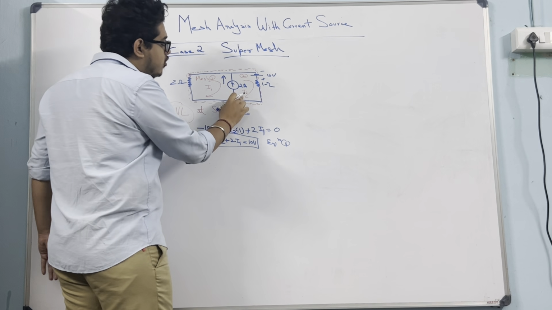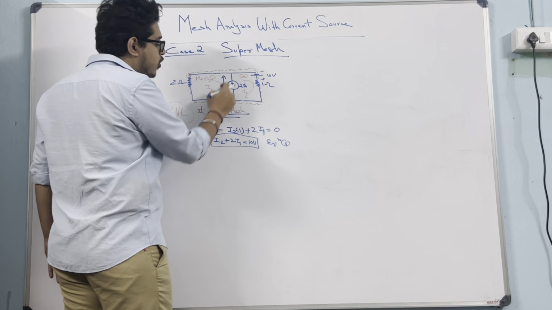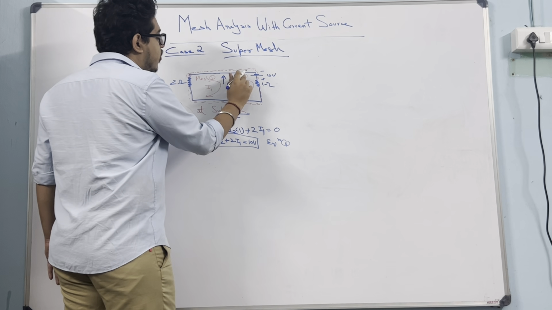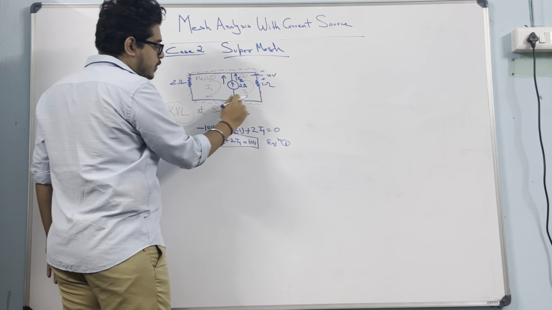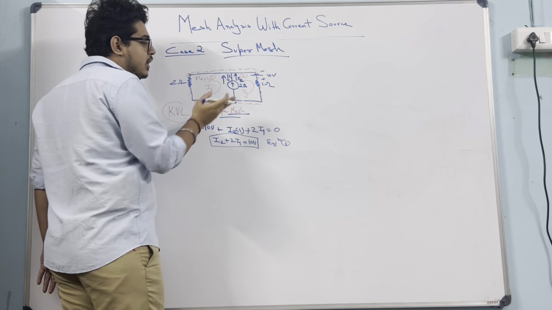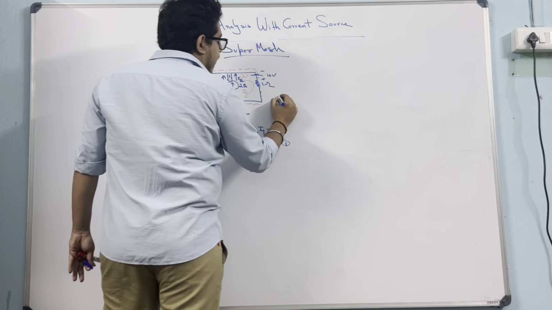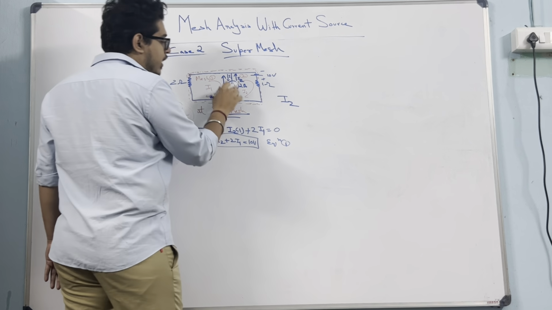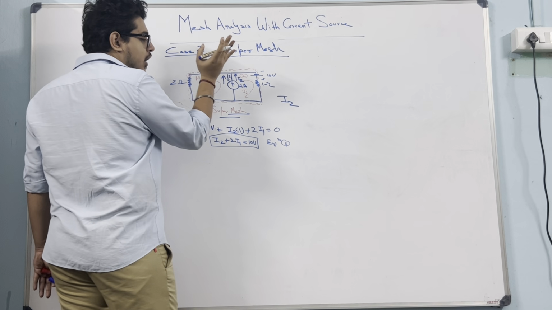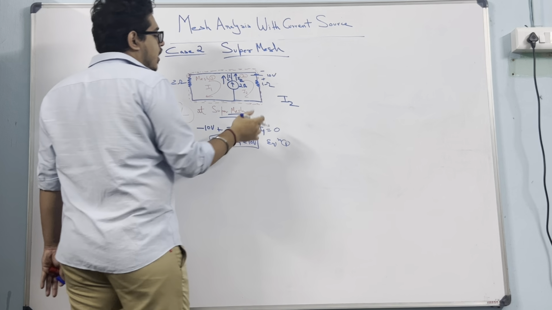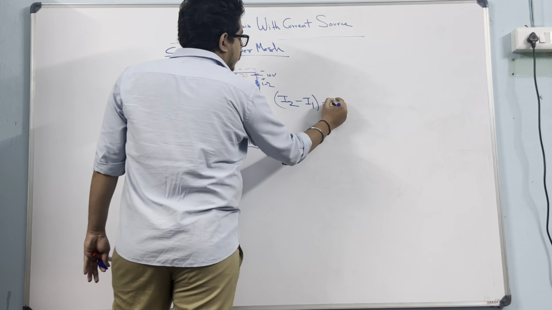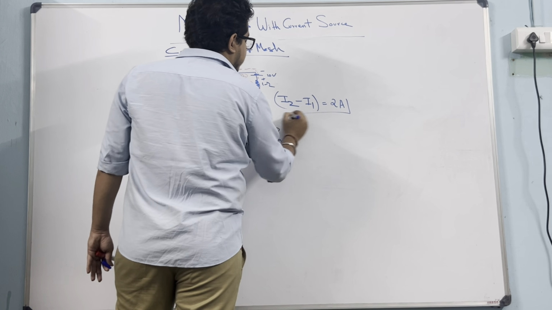I assumed I2 to be going up and I1 to be going down, as per my assumptions. So it will also be equal to 2 amperes, since I2 is greater. Since I2 is flowing upwards and the current source is also making the current flow upwards, 100% I2 will be greater. So I2 minus I1 will be equal to 2 amperes. This is the second equation.